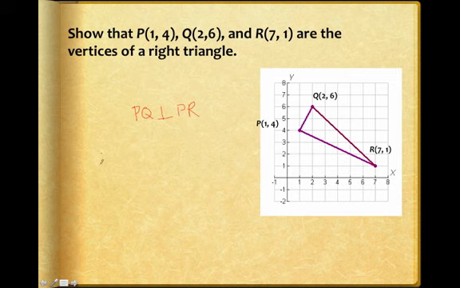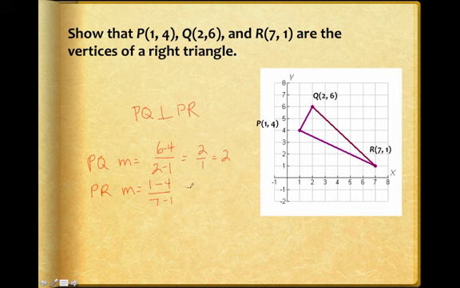So the slope of PQ is 6 minus 4 over 2 minus 1, or 2 over 1. And my slope of PR is 1 minus 4 over 7 minus 1, so I have -3 over 6, or -1/2.